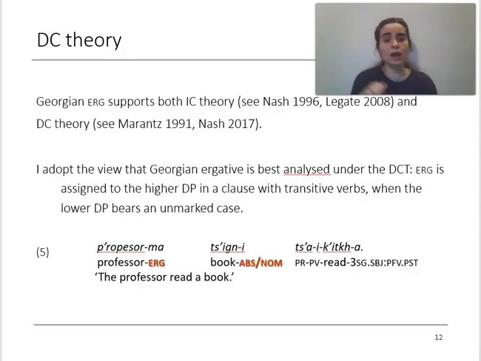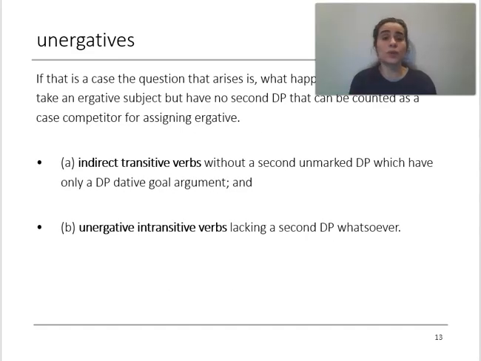Professorma Tsigni Tsaikitkha. Professorma is ergative. We have this absolutive nominative Tsigni, which is unmarked case. And so ergative is assigned in the structure. But here we come to one very interesting problem: if we analyze Georgian ergative as a dependent case, what happens with the verbs which do not have a second argument in the structure?